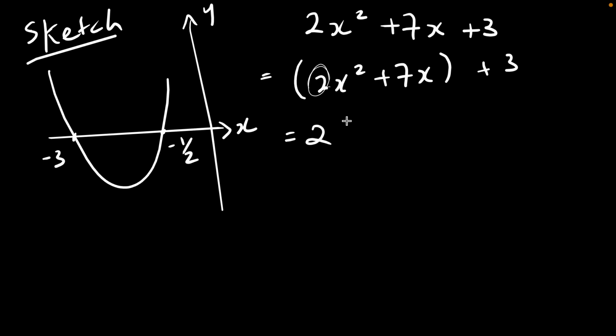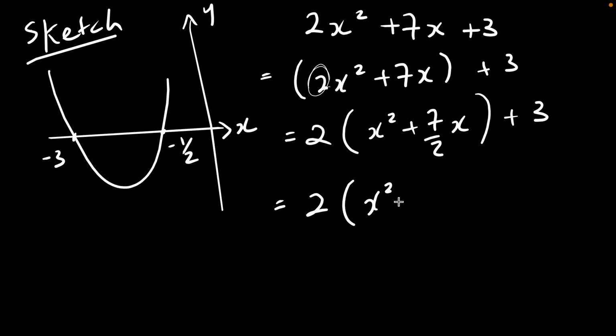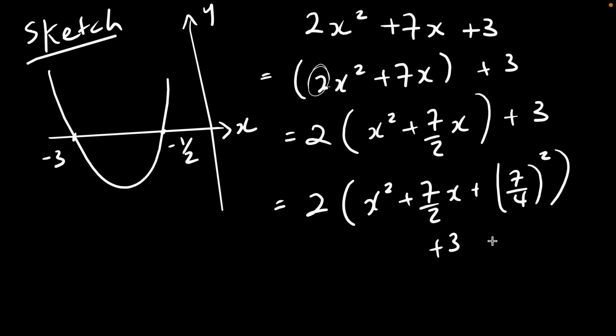So we're going to factor out that 2, and we're left with x squared plus 7 over 2 x, plus 3. And we're good. We're now going to work with our perfect square, which is going to be half of this all squared, and half of that is just 7 over 4 all squared, plus that 3 minus 2 times the thing that we added, right? Because we added it in a bracket where it was being multiplied by 2. So now all we need to do is simplify.